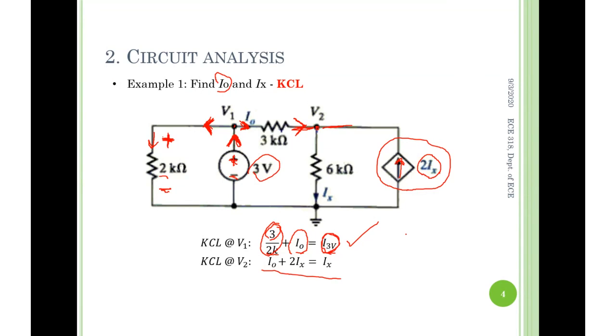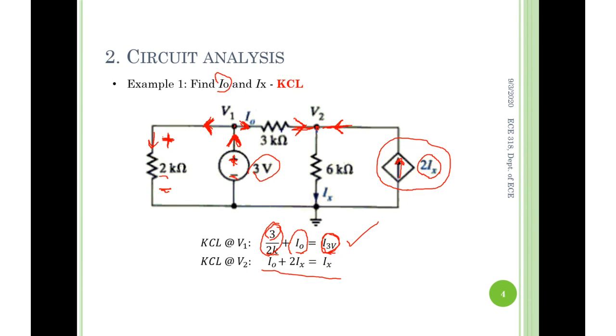Being able to judge those 4 different kinds of dependent sources is very important and also very basic in our major. Therefore, this is a current source, and we are very happy because a current source can tell the current value. So this current here is 2Ix towards left, entering the node V2.